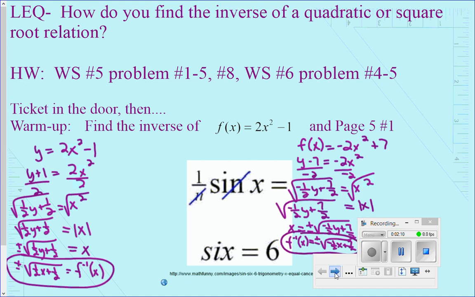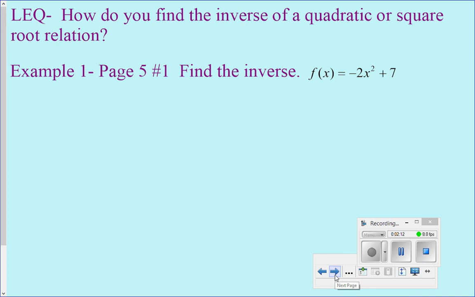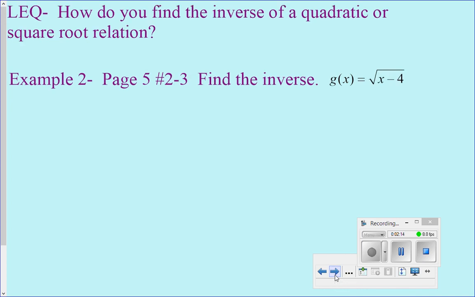Okay. So then we just continued on with problem 2 on page 5. So we have our g of x equals square root of x minus 4. So I asked students to just try that. Find the inverse. Take a moment, try that. So hopefully you realize we need to square both sides, which gives me x minus 4 equals y squared.